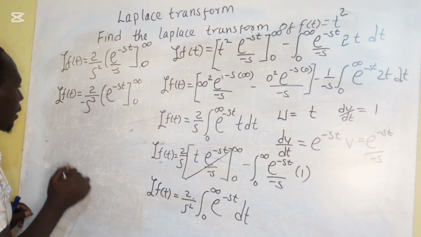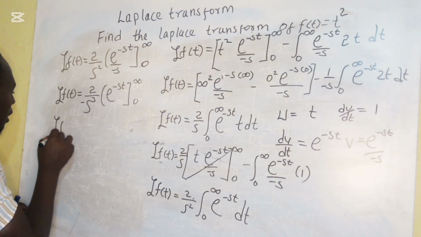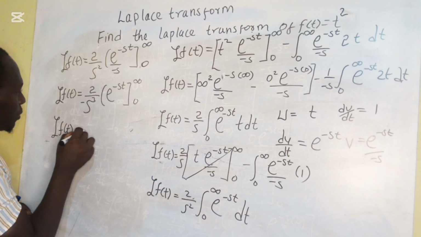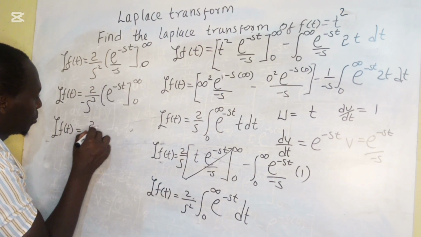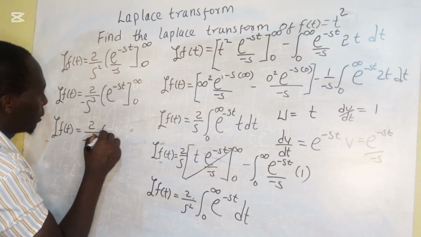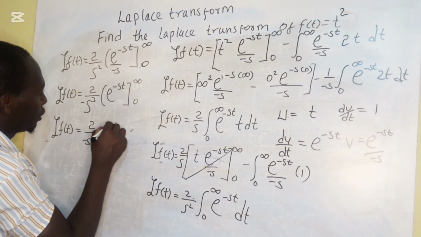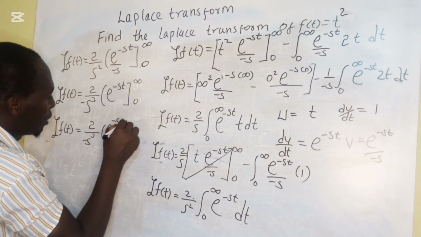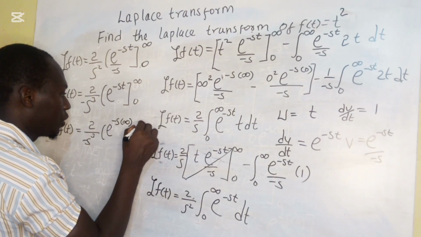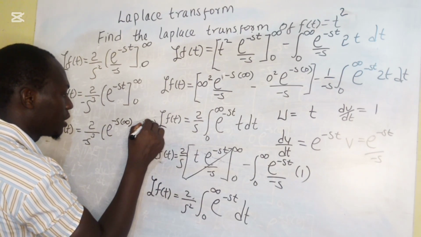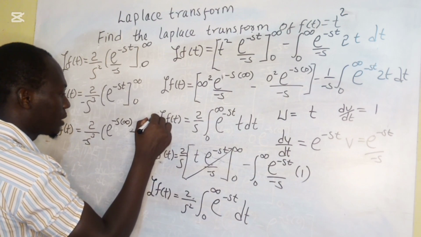Let us insert our limits here. So we are going to have the Laplace transform of our function f of t is equal to 2 all over negative s cubed. We multiply by exponential negative s, we insert the upper class limit. We subtract from exponential negative s, we insert the lower class limit.